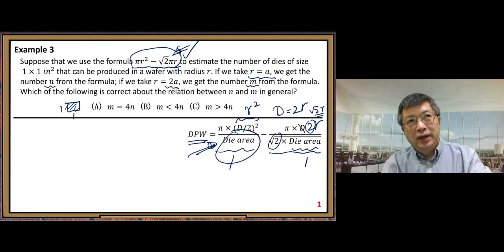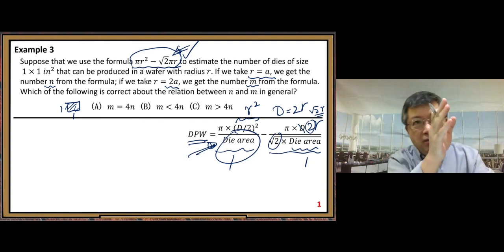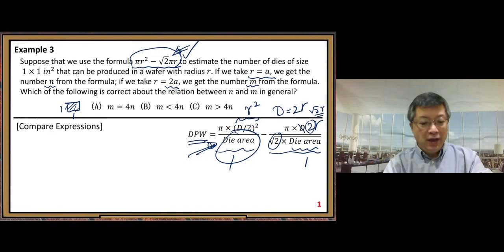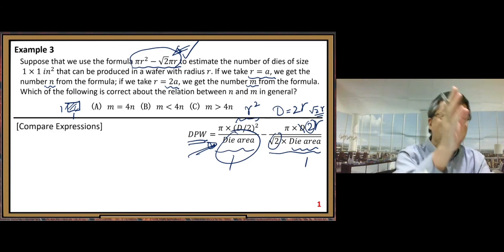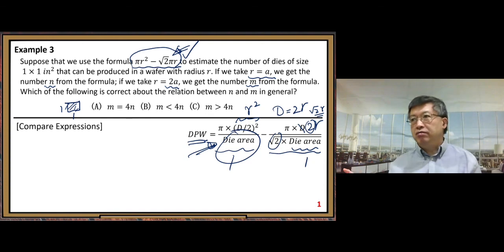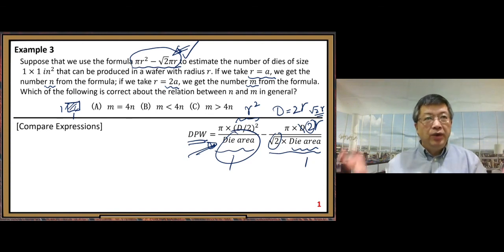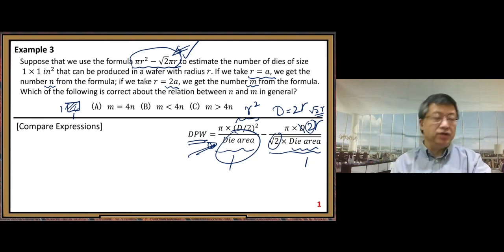To solve this problem, it is not very hard, but you need to use the right method. Here we do comparison: compare M and N. We compare these 2 expressions.